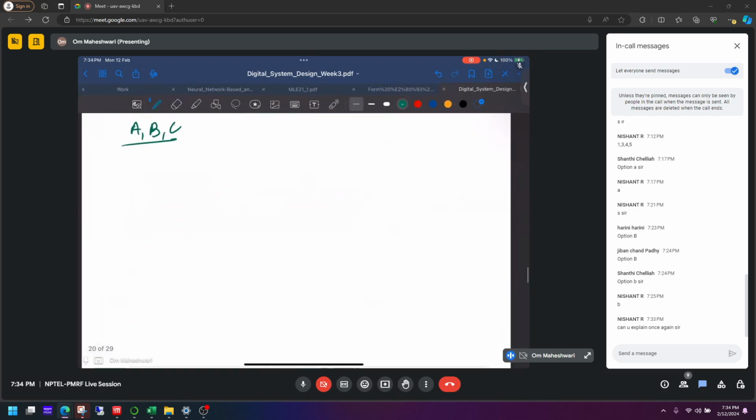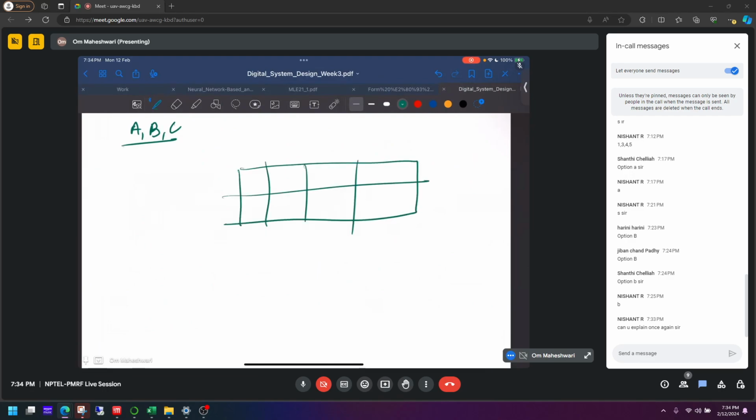So what does this mean? Let's say if you make the K-map, a bar, a, b bar c bar, b bar c, b c, b c bar, right? So let's say if I write this, this is just a function. This has one minterm.